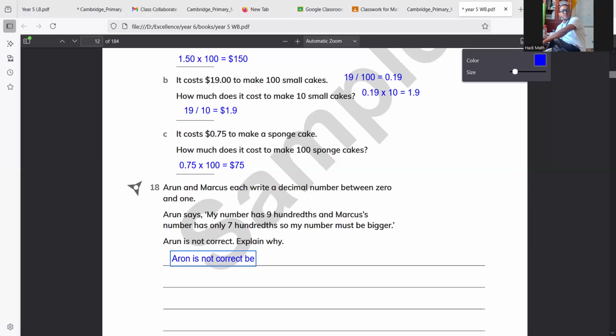Because to compare decimals, we compare the tenths first.